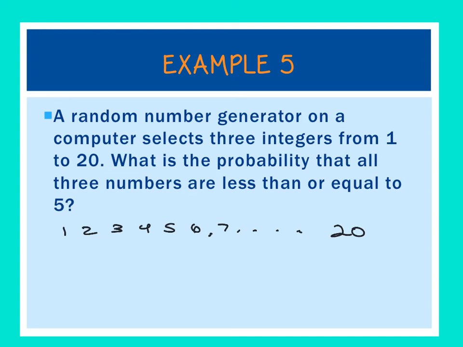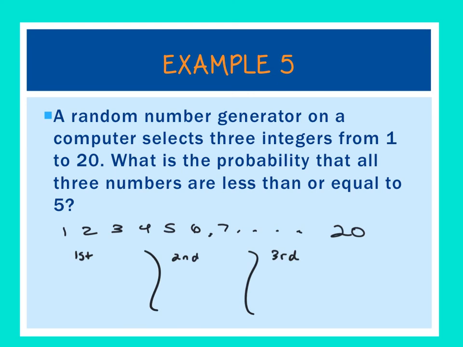It's independent. The first random generation has absolutely nothing to do with the second one, okay? So what's the probability that all 3 numbers are less than or equal to 5? So I want to know what's the probability the first number picked is less than or equal to 5, right? So I've got 1 first, second, third.